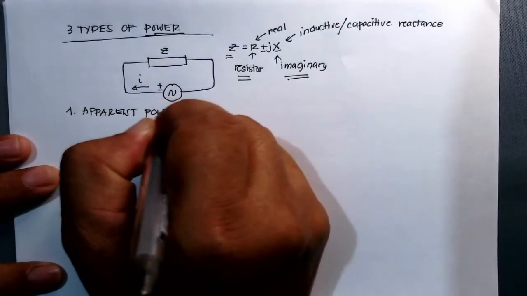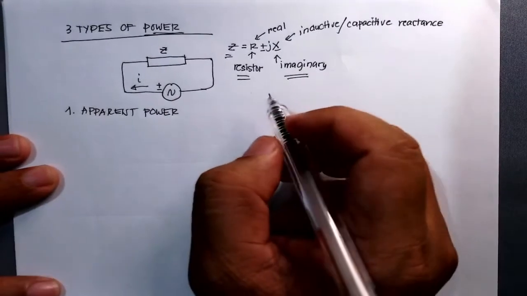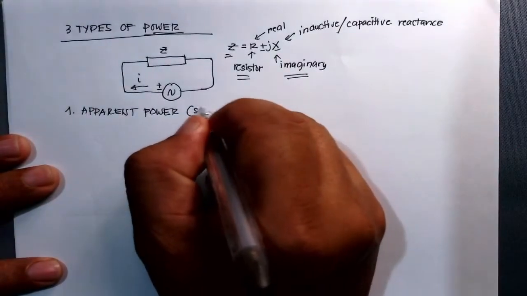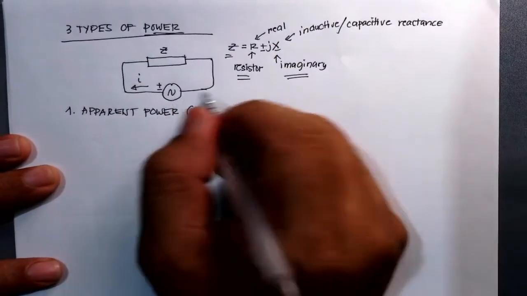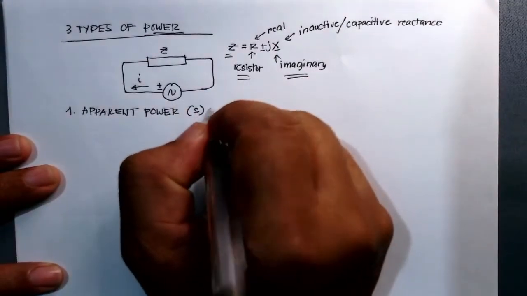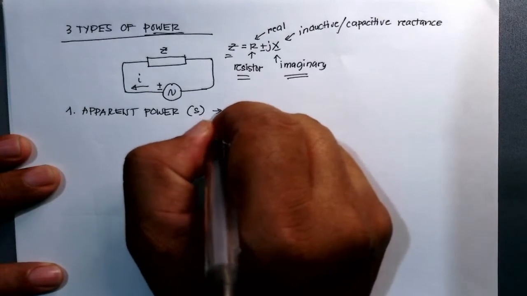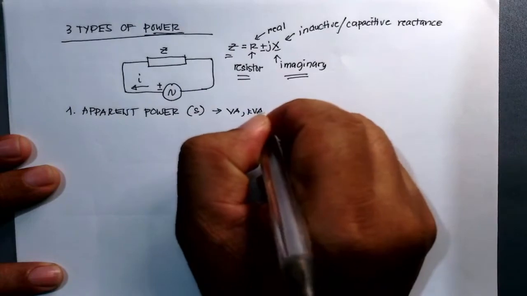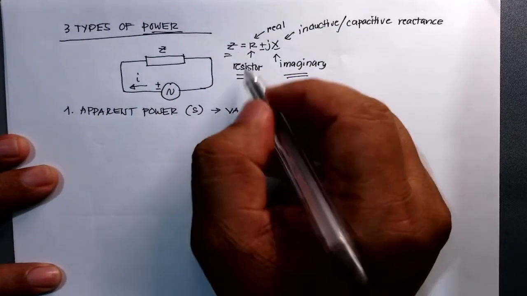Okay, we are using here a notation letter of S. That is for the apparent power, and the unit that we are using here is volt ampere or kilovolt ampere. Okay, this is the power for Z.